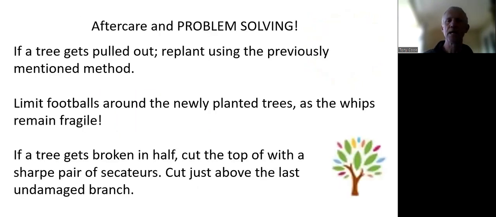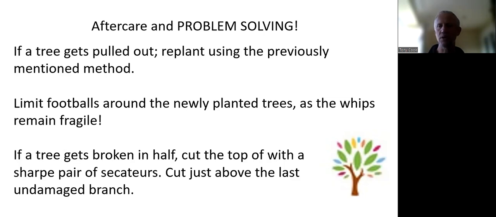In terms of problems and aftercare. So very often we've planted trees on sites, and enthusiastic young students come along and pull the tree out, and what should we do if that takes place? Well, just replant them.